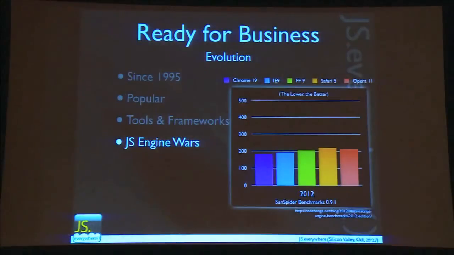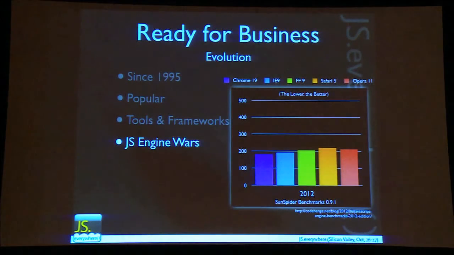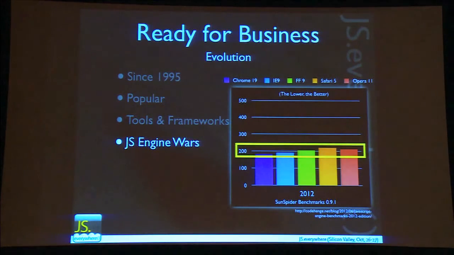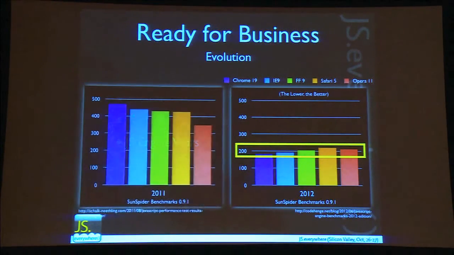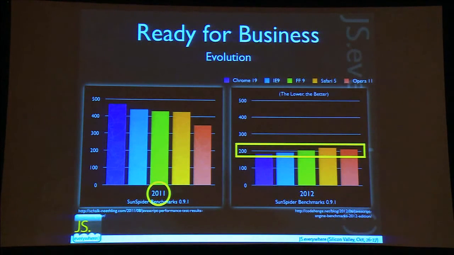And nowadays we have several engines available. What you see on the slide is that the difference in speed between all of these engines is really not that big. This is the SunSpider benchmark test, where you have to run a lot of JavaScript code to do these benchmarks.